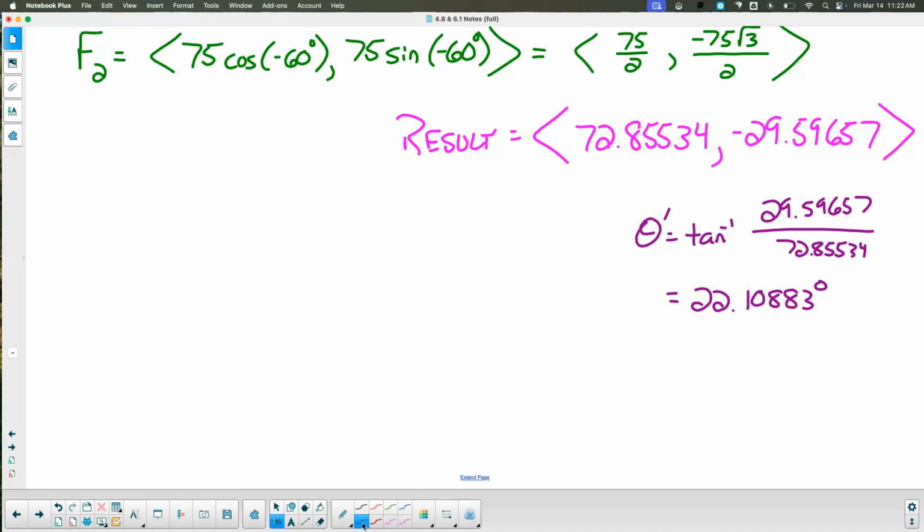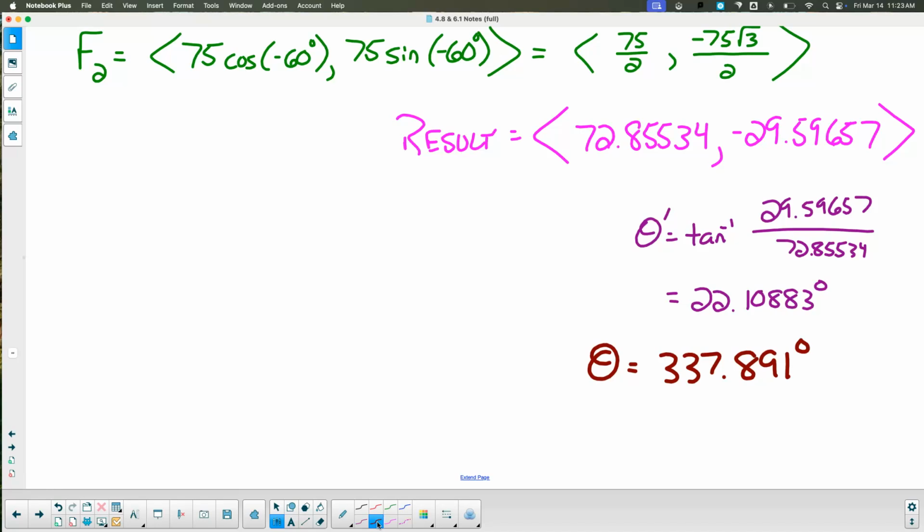Yes? Which quadrant is this vector in, though? Quadrant 4. Positive, negative is quadrant 4. So how do I find actual theta? 360 minus that. I get 337.891 degrees for my resultant direction.